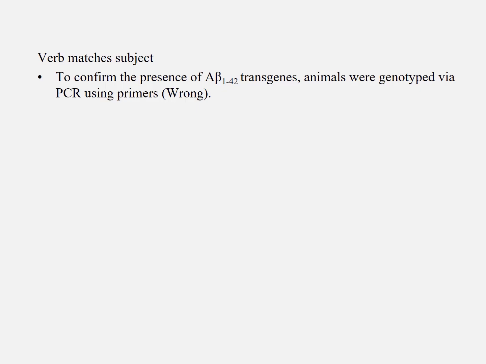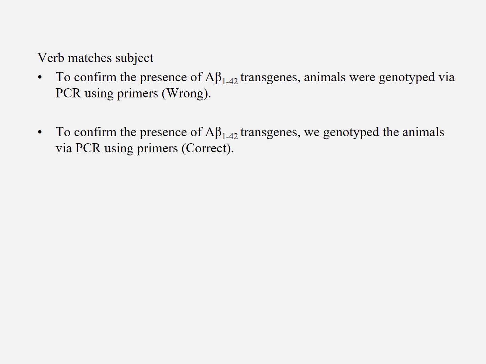So basically you need the subject here. Here it becomes animals confirm the presence of A beta. So animals cannot confirm. Therefore the sentence is wrong. The correct way would be: to confirm. Who confirms? We confirm. We genotyped. So this is a correct sentence.